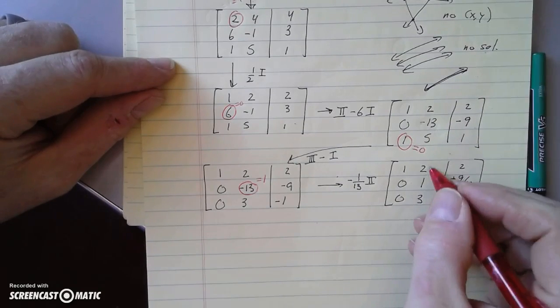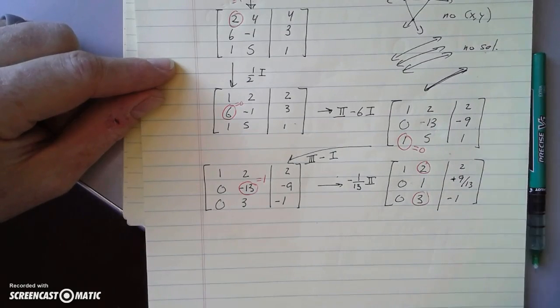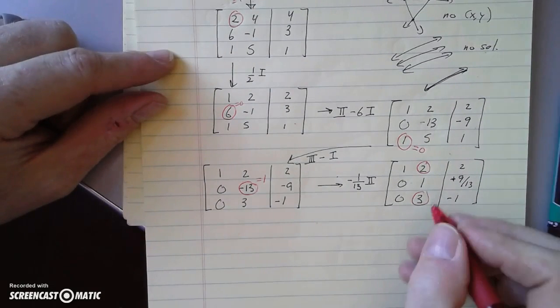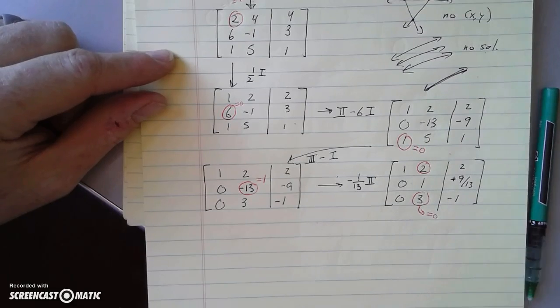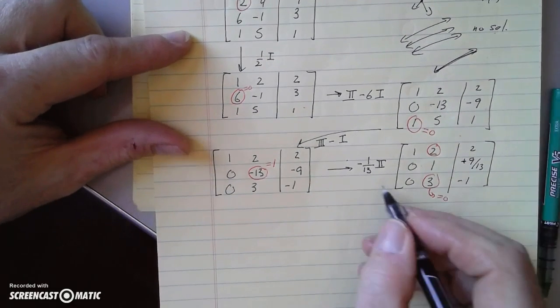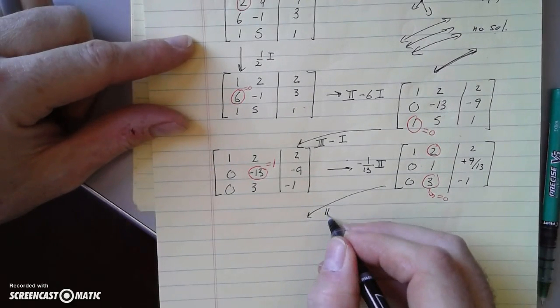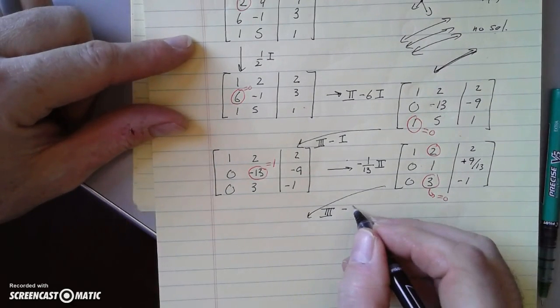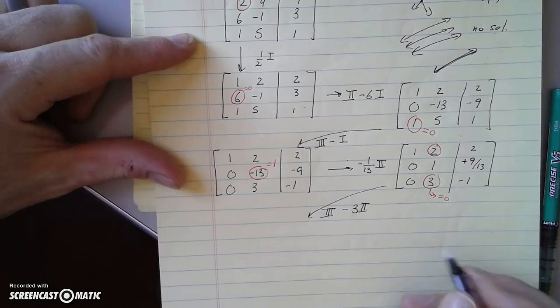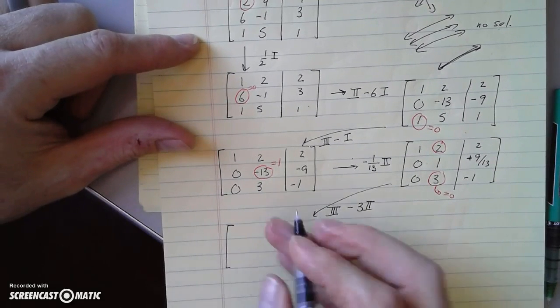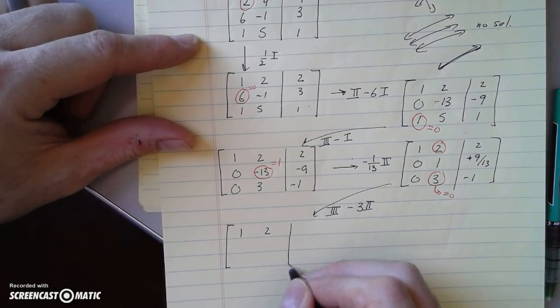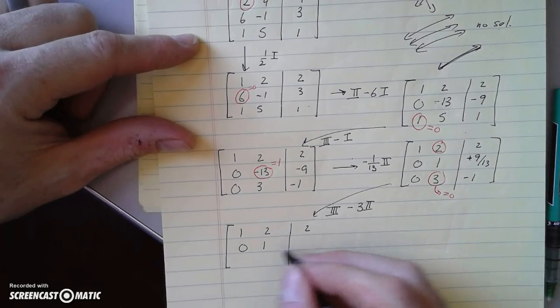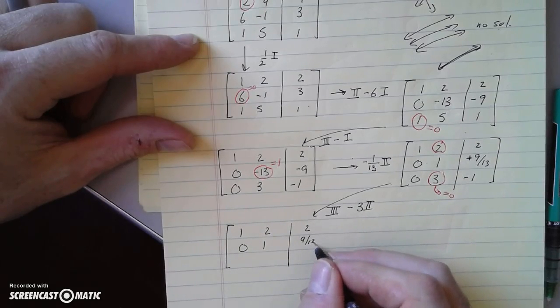Our next goal is to make these things both 0. We'll just do, say, this one first. We can do that because we have this 1. So let's do row 3 minus 3 times row 2. So row 1 doesn't change. Row 2 doesn't change.